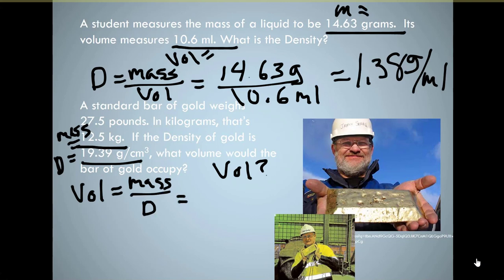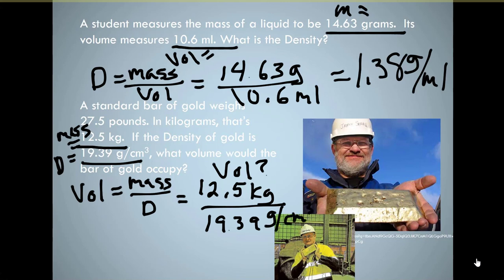So let's plug in our mass. So we have 12.5 kilograms divided by 19.39 grams per cubic centimeter. And I want you to notice that we do not have the same unit. So our units are not going to cancel to give us a volume unit. So I have kilograms here and grams here. So you need to change one or the other, and I think it's easiest to change my kilograms. So if I change my kilograms to grams, I'm going to move my decimal over 3 places.